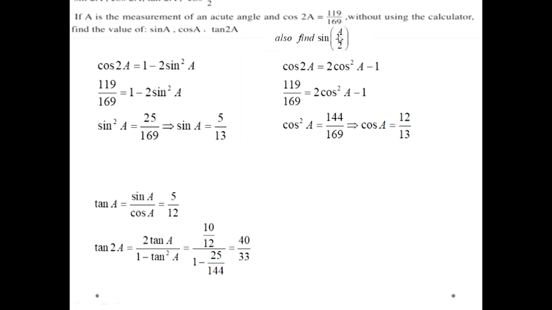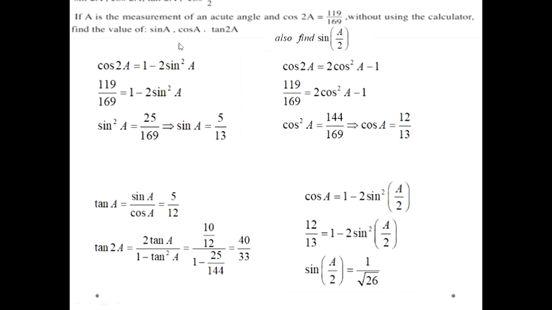Sine A over 2. You can conclude it from cosine 2A and cosine A. Do you understand what I'm saying? If this is 2A, here it will be A. How about A? On the other side it will be half A. Of course, I mentioned this at the beginning of my video.